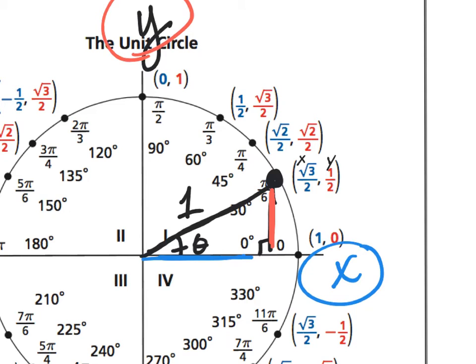And the x is your cosine, and it's in the blue here, because it's the adjacent. So the blue is the adjacent, so that's the cosine, the x value. The opposite of theta is sine. And now I'll show you how you get these values. These values here are from special triangles, and I'll show you that in class later.